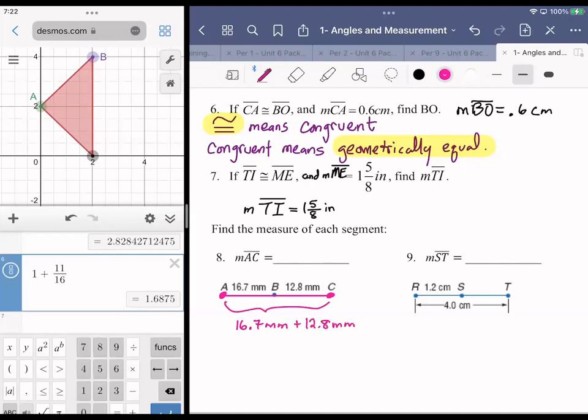All right. There's plenty of applications of stuff like this. If you need to measure something that's really lengthy, I mean, 16.7 millimeters is not really lengthy, but if you have a measuring tape that's 12 feet long and you have to measure a room that you know is more than 12 feet long, then what do you do?